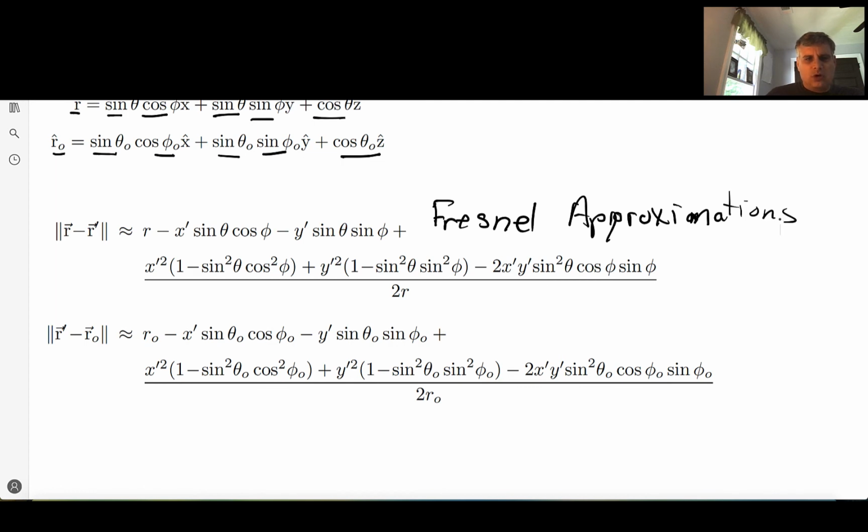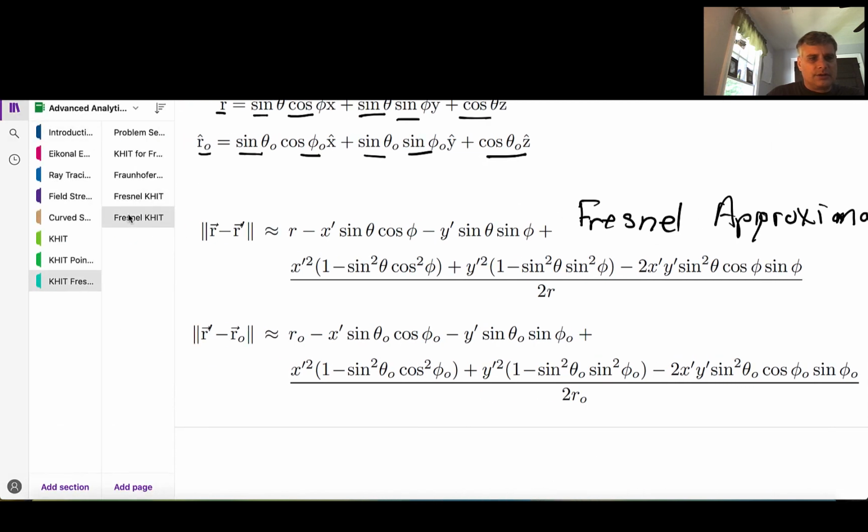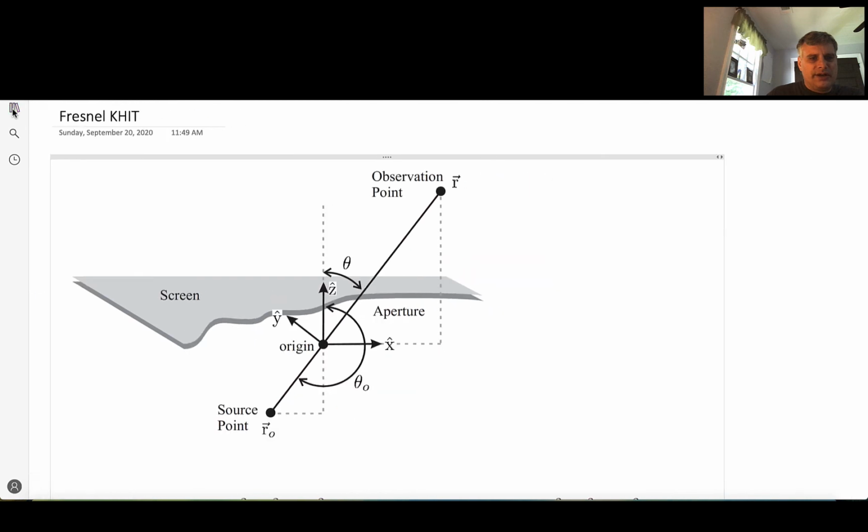And it is quite complicated. So we're going to make one mathematically simplifying assumption. I'm going to line things up here so that the origin, the source point, and the observation point are all collinear and lie on the xz plane.